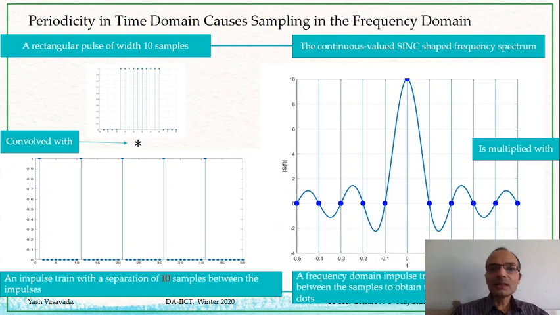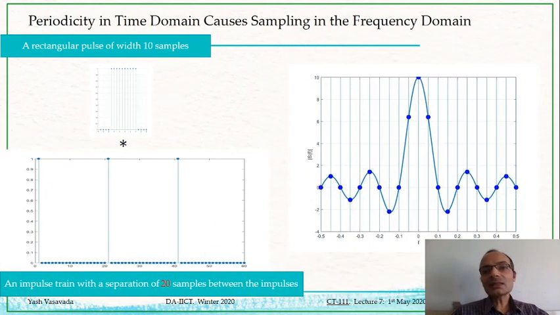samples. But now in this case, we increase the separation between the impulses in this time domain impulse train. We made it 20 samples. The length of the rectangular pulse is still 10 samples. And so in the periodic signal that we got, we had this rectangular pulse, a nice rectangular pulse sticking out, but then it was padded with zeros on both the sides.